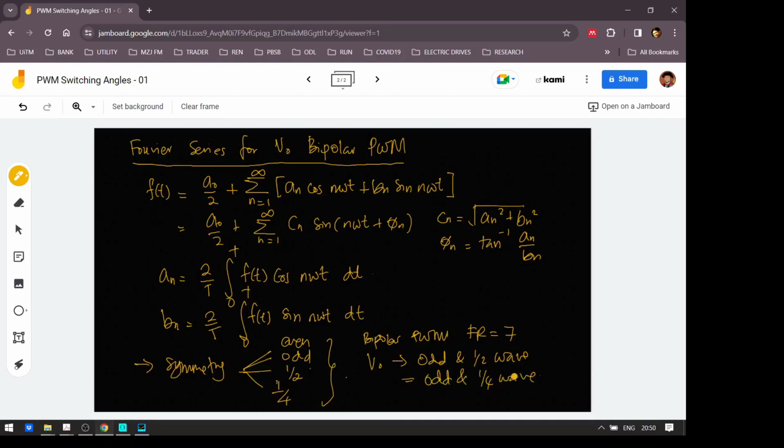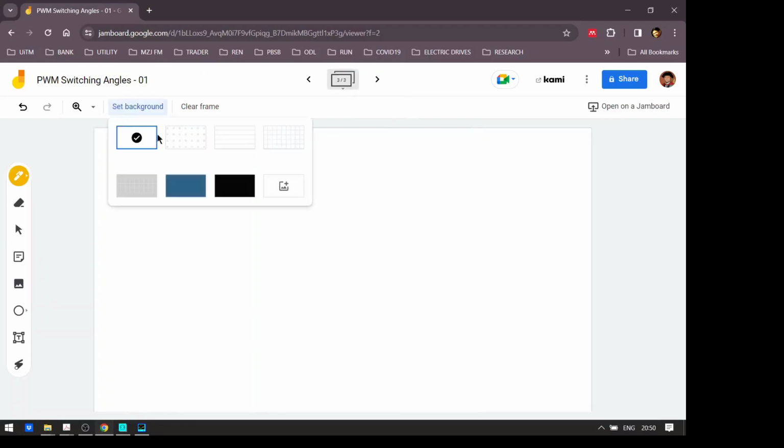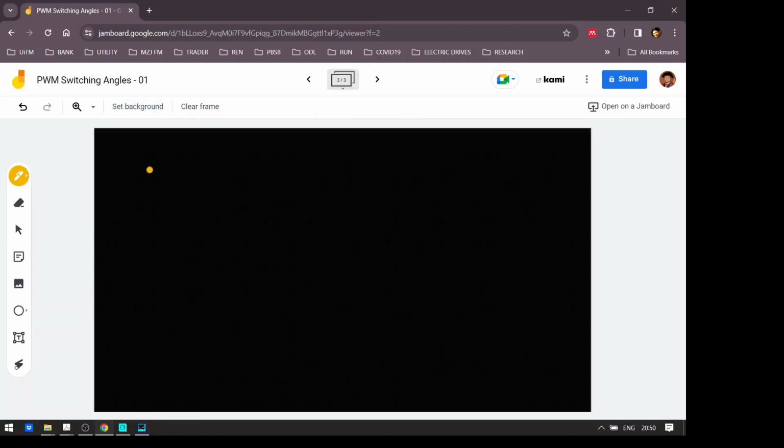So once we know that, we look into the characteristic of this odd and quarter wave symmetry. If you refer back to the previous note on the Fourier series, if the waveform is odd and quarter wave, you only integrate up to T over 4, the quarter of the period, which equals 90 degrees, or pi over 2.